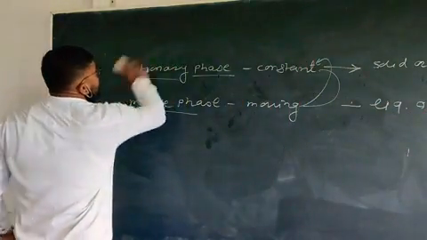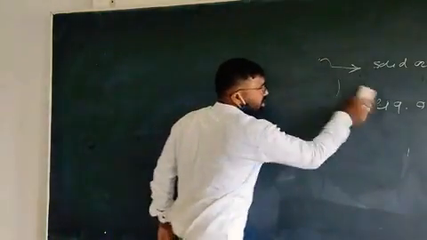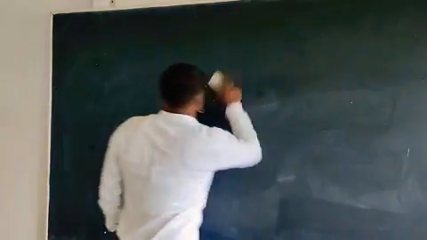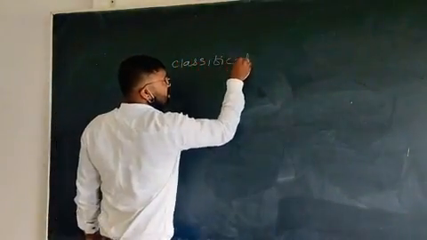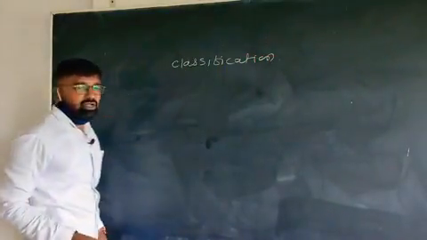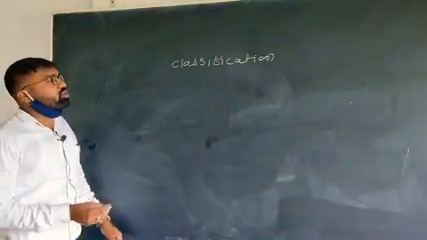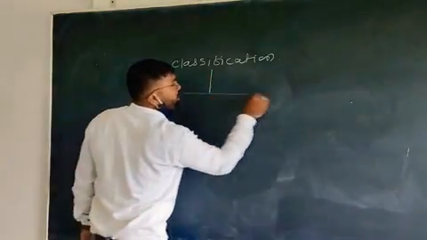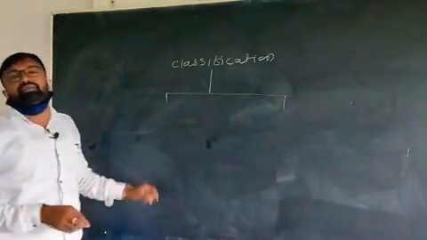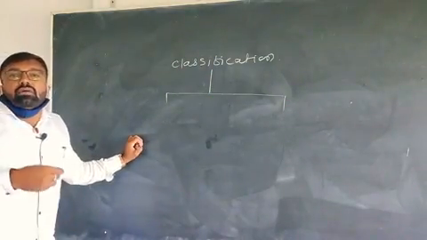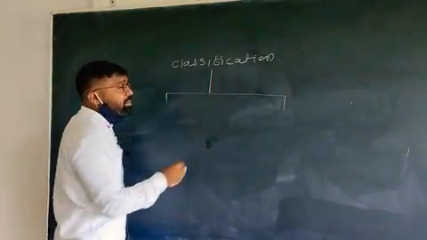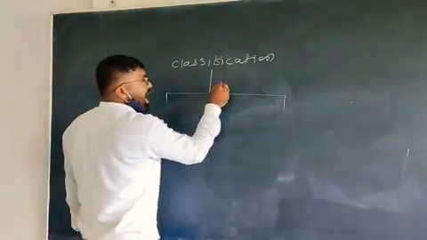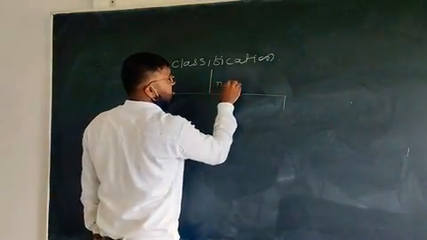Suppose you want to do the classification of chromatography. I am writing the heading here: classification of chromatography. The classification is done on the basis of the stationary phase or the mobile phase used. First, the criterion is the nature of the stationary phase.